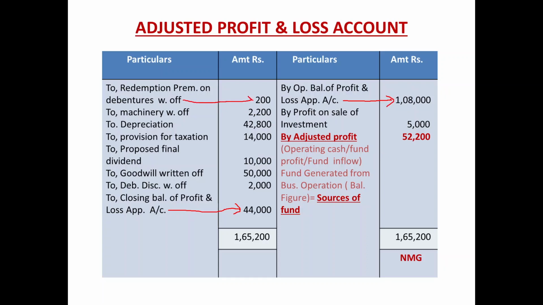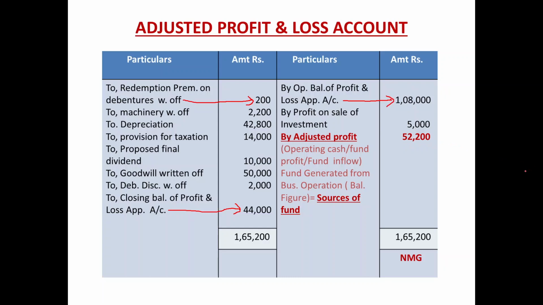So let us give the reverse impact. Let us increase the profit of the year once again. So we are reporting this 200 on the left hand side or plus side of the adjusted profit and loss account, redemption premium on debentures written off.